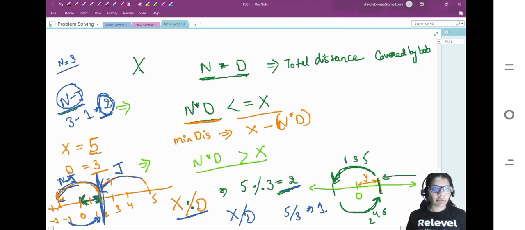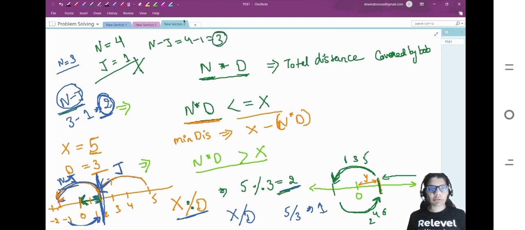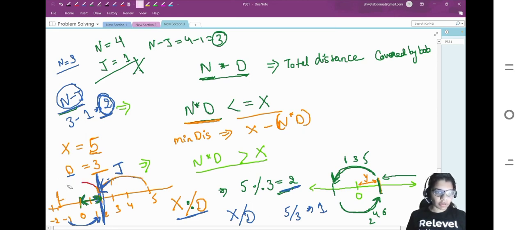So if, let's say, your value of n would be equal to 4, and here the jumps that we needed was 1, so the remaining jumps would be n minus j, which would be equal to 4 minus 1 equals 3. So if 3 jumps are remaining, firstly, let me just erase this part which we have done for even jumps.